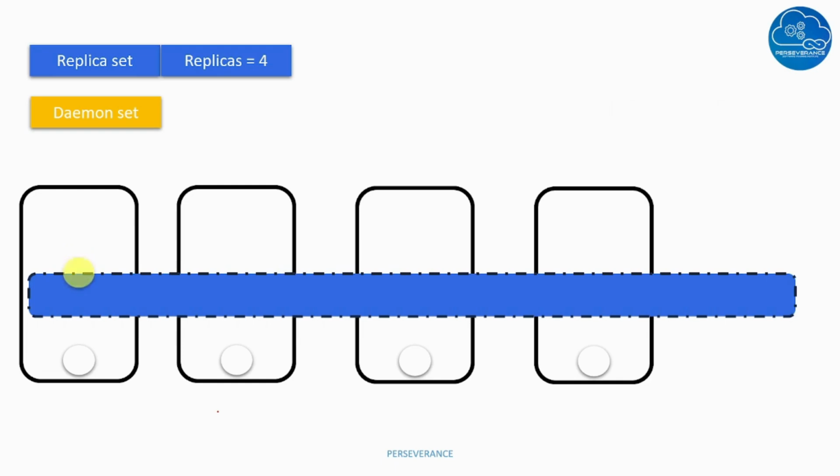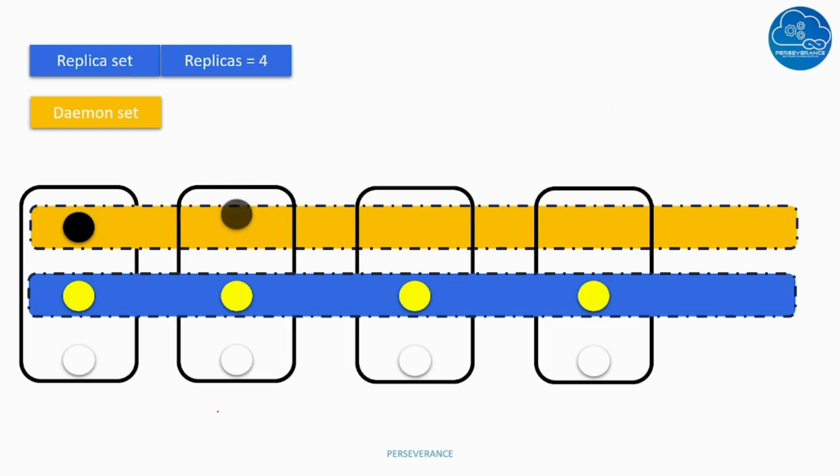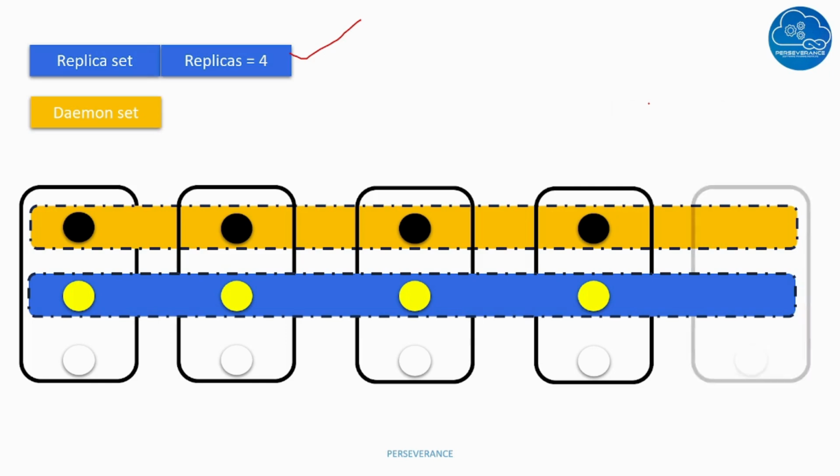So a replica set is this: as per the count given, 4 replicas, we have 4 worker nodes wherein it has deployed 4 different replicas, one in each worker node. What about daemon set? A daemon set always ensures a pod per worker node. For example, now the replicas are 4 and this is satisfied, but if in future we add a new worker node, the daemon set will drop a pod in that particular worker node.